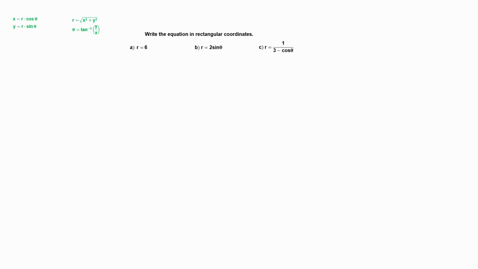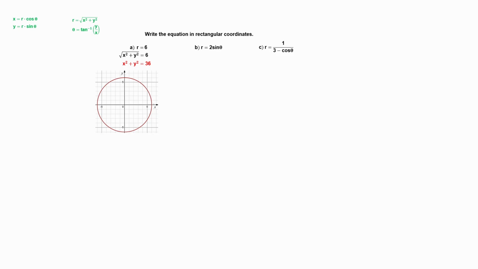To solve part A, we replace r with the quadratic expression above. Squaring both sides, we obtain the equation of a circle with a radius of 6 units centered at the origin.